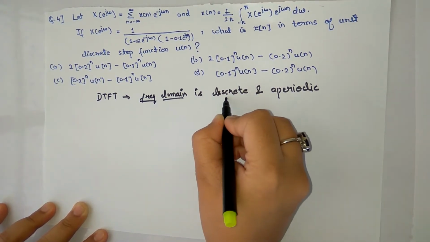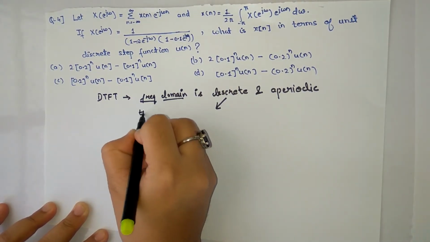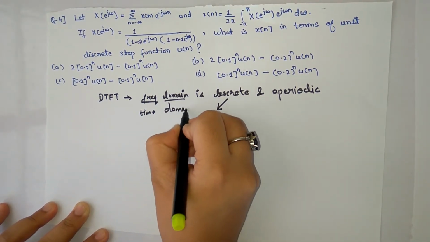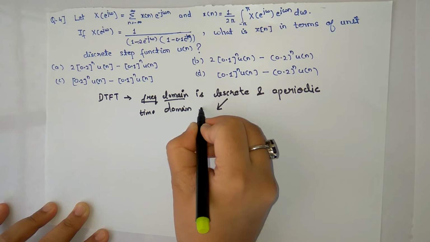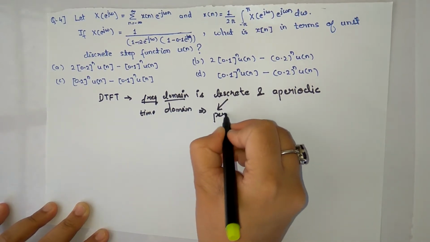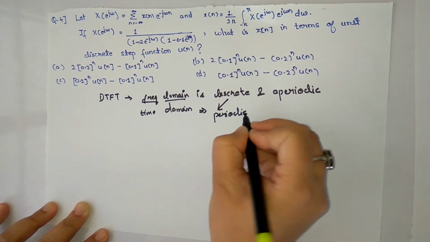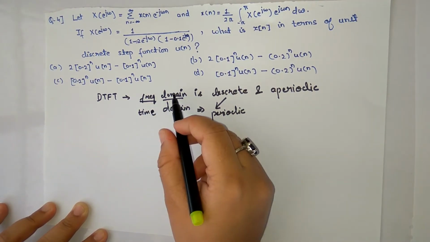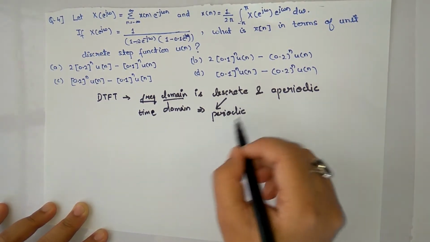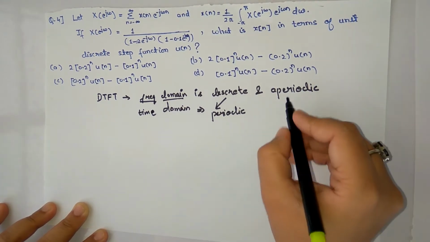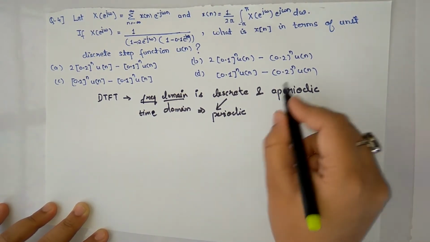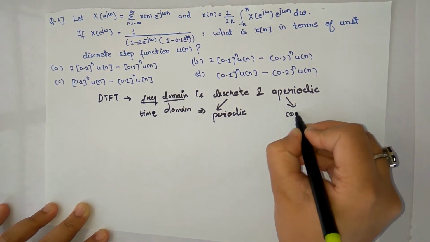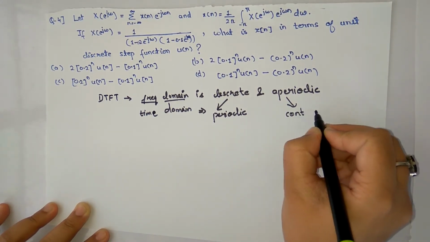And one more thing we need to notice here is, if the signal in frequency domain is discrete, then discrete behavior in frequency domain corresponds to periodic nature in time domain, and correspondingly aperiodic nature in frequency domain corresponds to continuous nature in time domain.